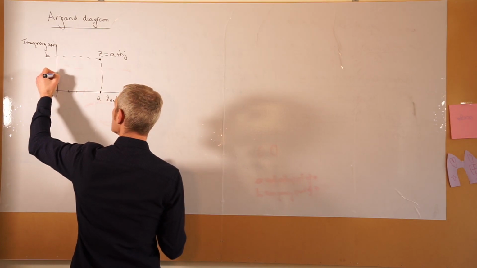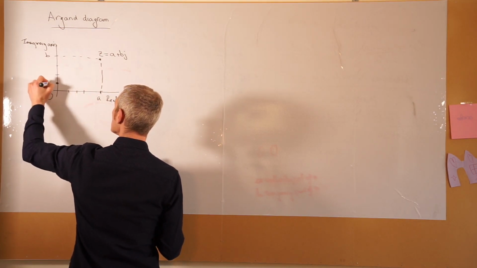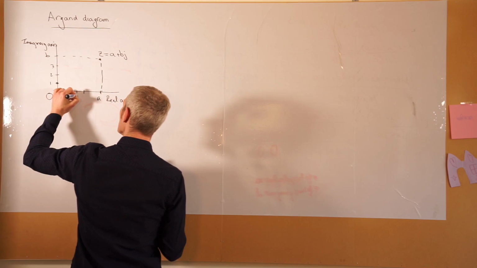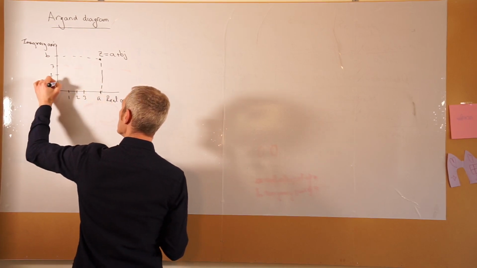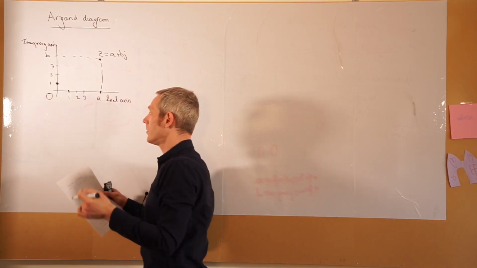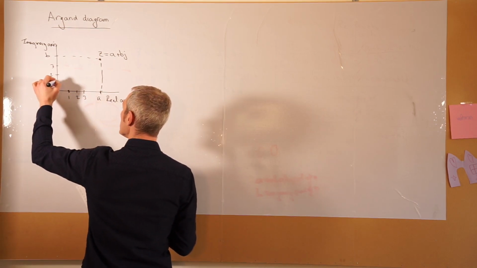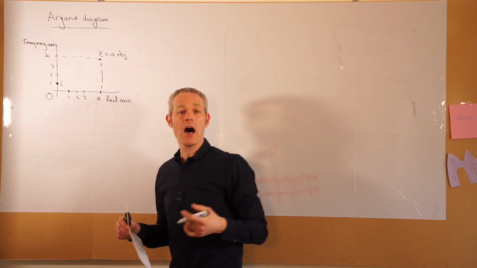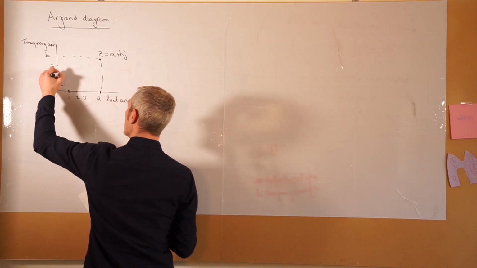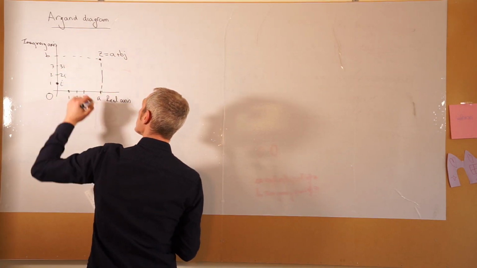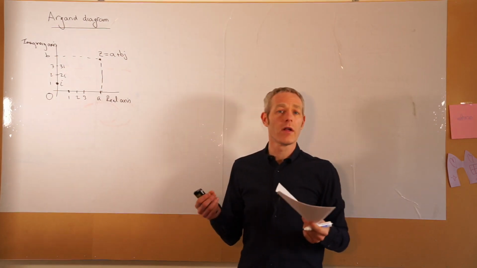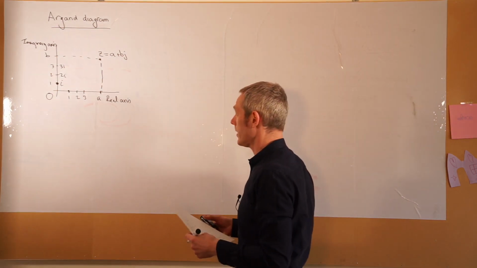On the y-axis we have the imaginary parts, so 1, 2, 3, and 1, 2, 3. And so this is the point where 1 is visualized, and this is the point where I is visualized, or 2I, or 3I. And we can draw complex numbers in this diagram.